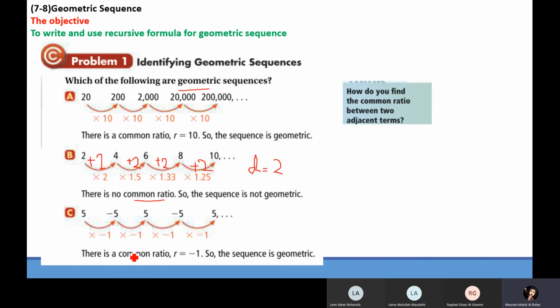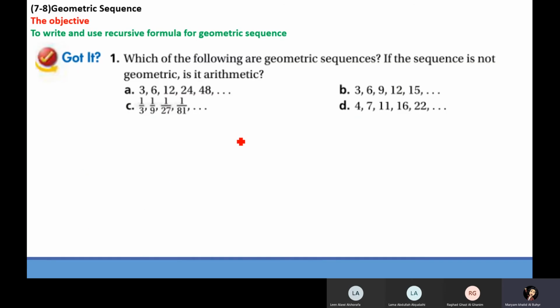So we have a common ratio because this is repeating in all of them. So r equals -1. So the sequence is geometric. That's for the first part, I mean.